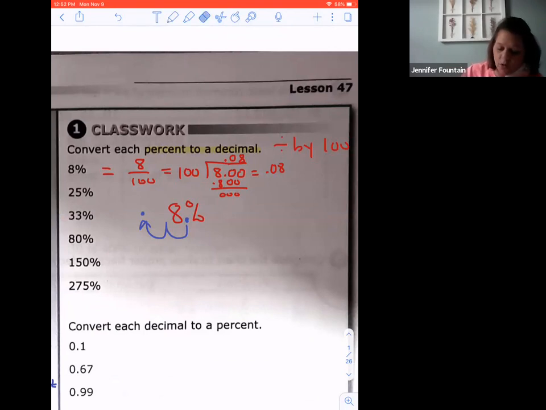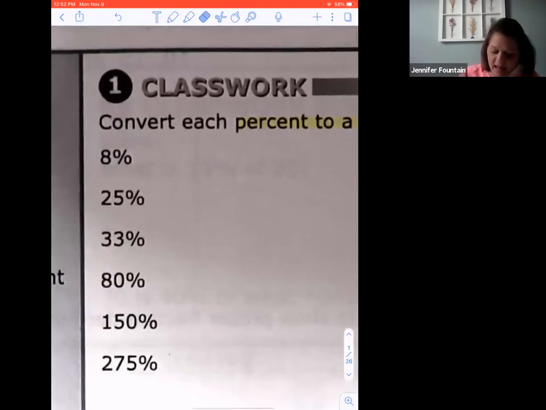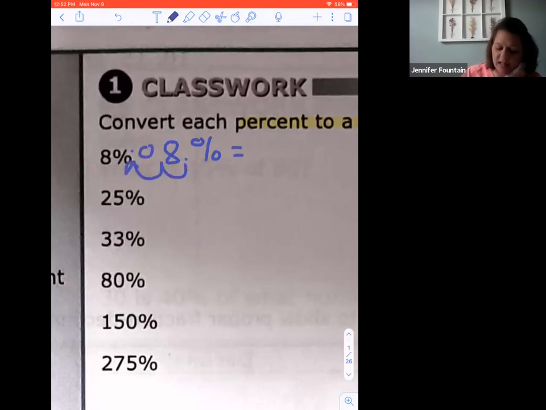Now I'm just going to erase all this and show that if I had 8, I move my decimal 2 places to the left, fill with a 0, and drop my percent sign. So 0.08.